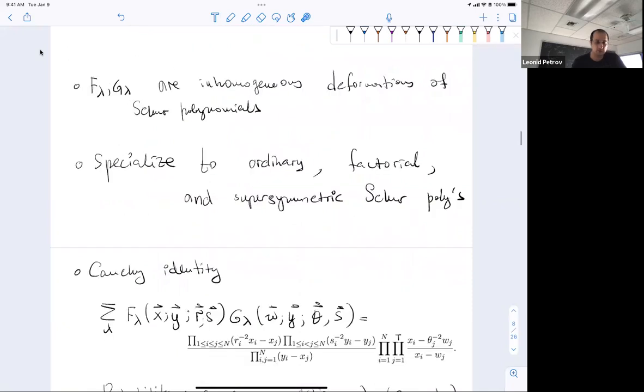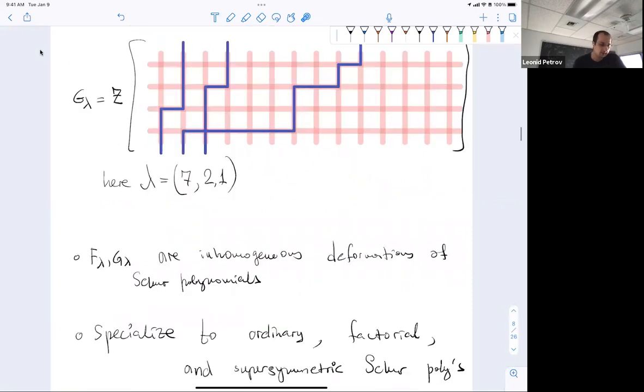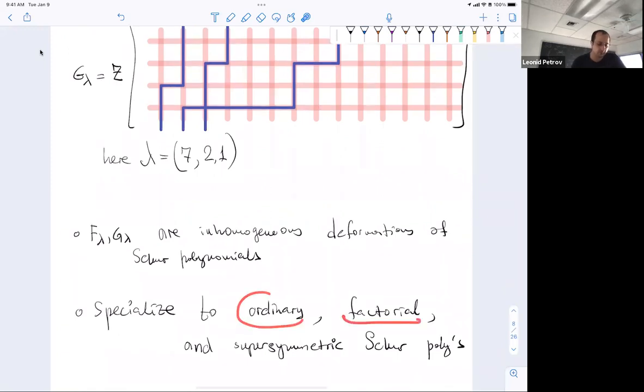So f_lambda and g_lambda both are rational Schur functions, or inhomogeneous deformations of Schur polynomials, which are themselves rational functions in all the parameters. They specialize to ordinary Schur polynomials. Also, they specialize to factorial Schur polynomials and supersymmetric Schur polynomials under different specializations.